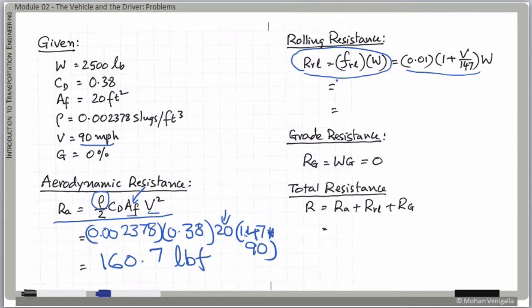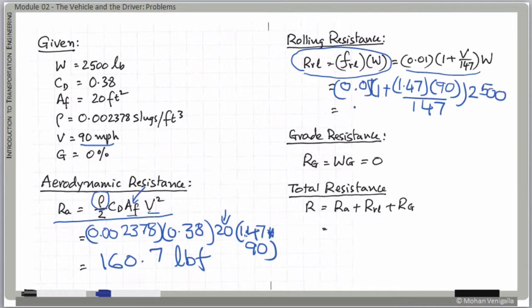So again, substituting the values, 0.01 times 1 plus, again you have to convert speed from miles per hour to feet per second, which is 1.47 times 90 divided by 147, and this whole thing multiplied by W, which is 2500.